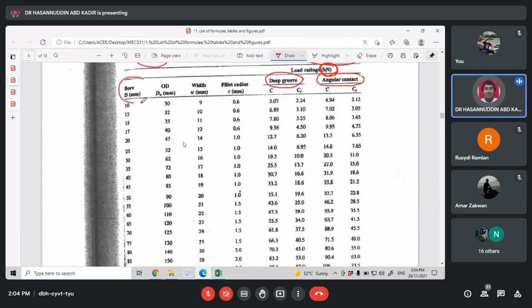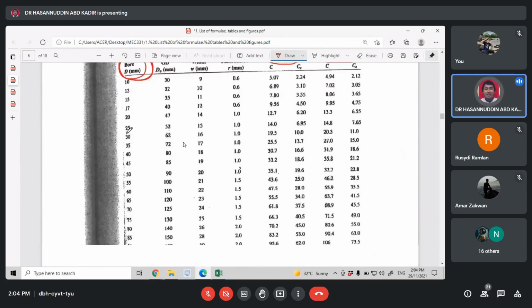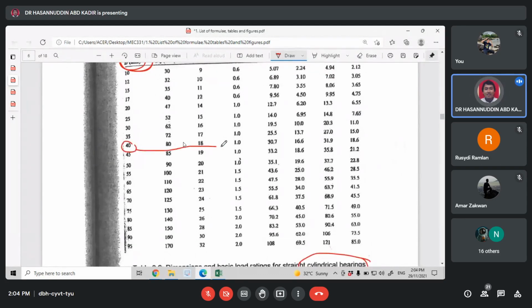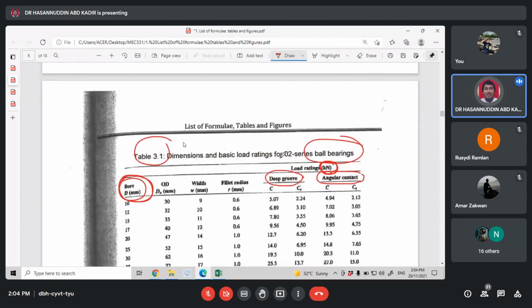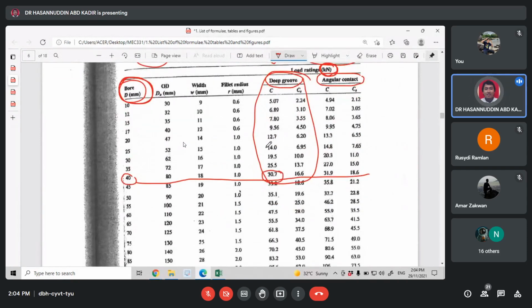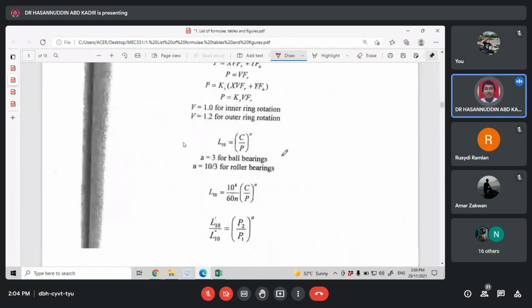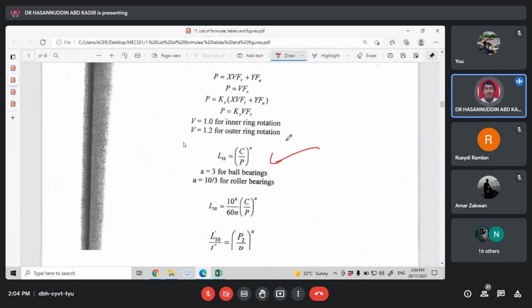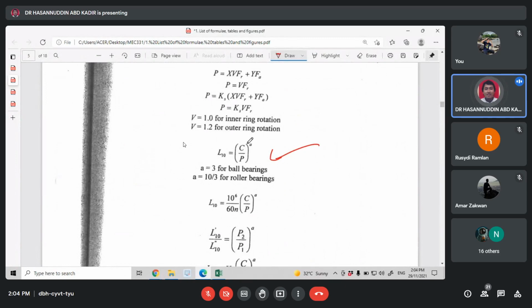We apply the value of C when they give the diameter of the ball. Let's say they give 40 here and you need to find the value of C. If they give deep groove, you focus on this section and find the value of C, then apply it in this formula.